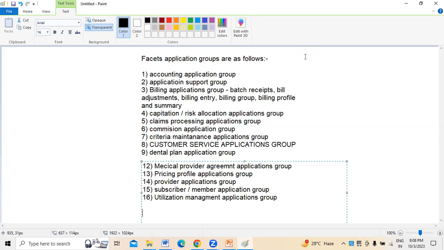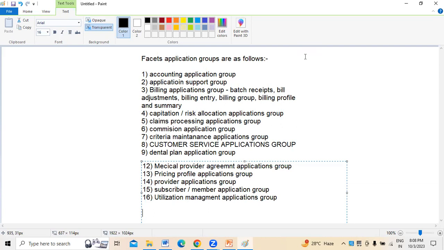So that information as well as the kind of rules we have to update. At the same time, if there is any medical provider procedure to be followed, and how and what to be followed, all this information, followed by any kind of medical agreements, also comes under the medical provider agreement group.